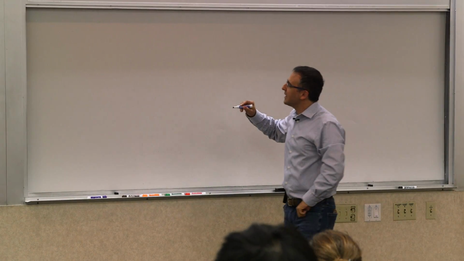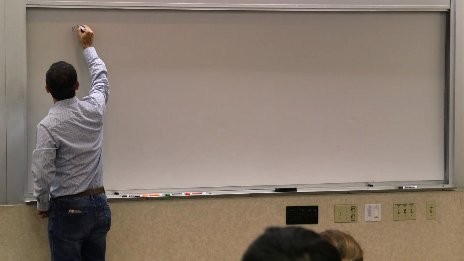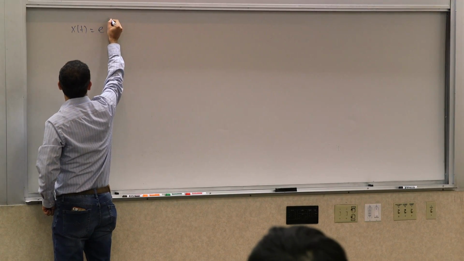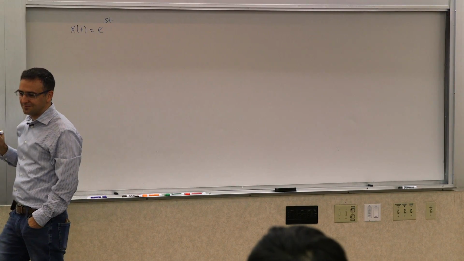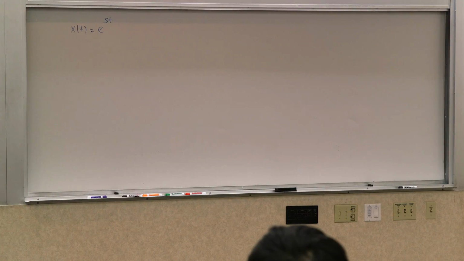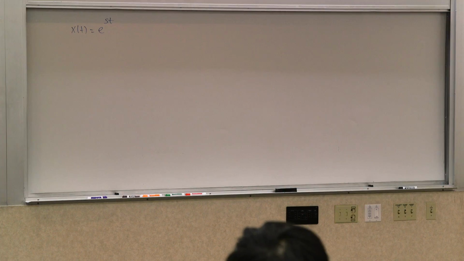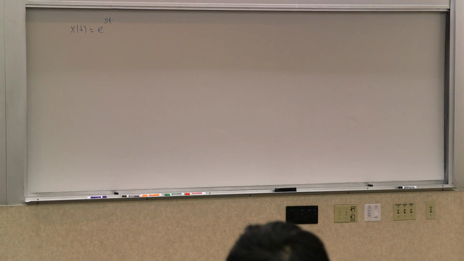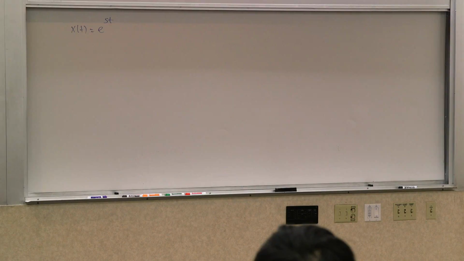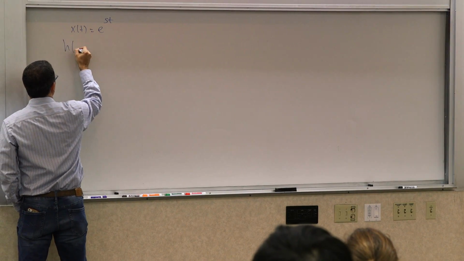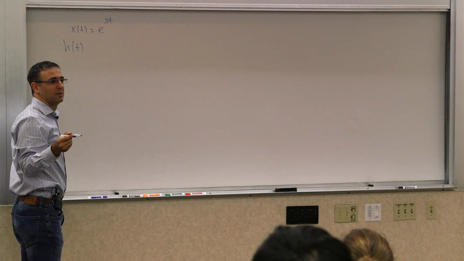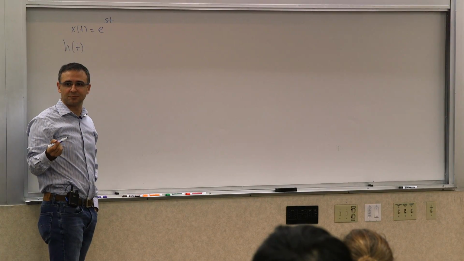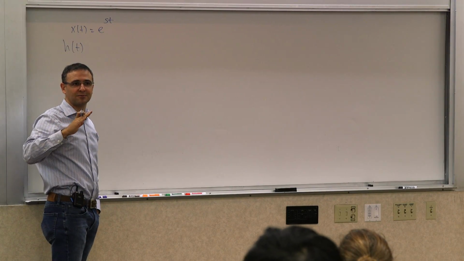What if my input x of t is just e to the st? How would you calculate the response of a system if I told you its impulse response is h of t? I mean, the basic method, right? It's convolution.